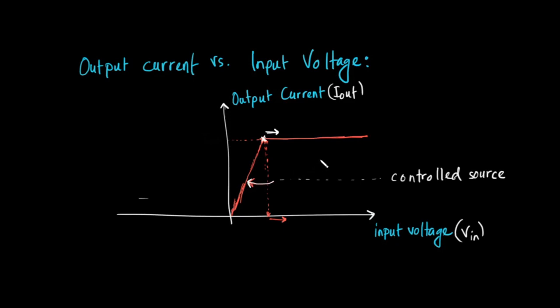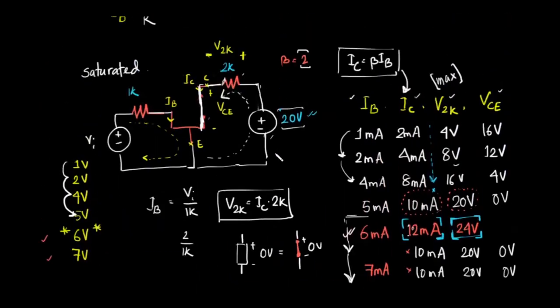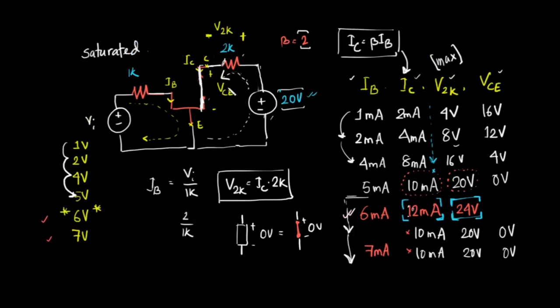And after passing this point, the control on the output current from the input side was lost, because after this point, even if I raise the input voltage, the output current doesn't change. As we saw earlier, after you reach that point, the voltage across the transistor becomes constant at 0 volt.